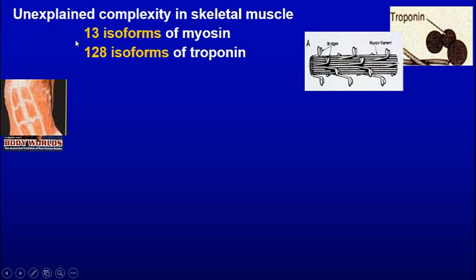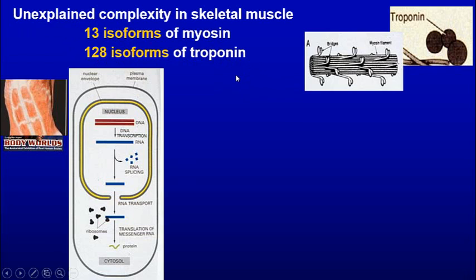And now in muscle, there are 13 isoforms of myosin and 128 isoforms of tropomyosin and troponin. We don't know exactly why they're there. They're just there. And here we see muscle. This is a nice animation showing you the muscle there. The myosin heads that we see and the troponin that we see there.